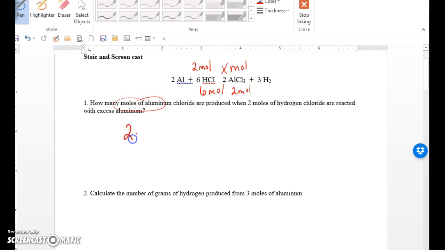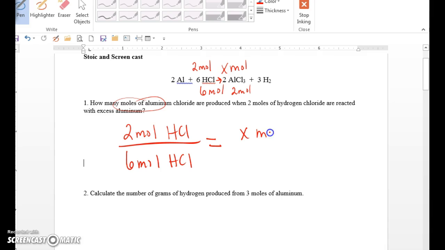So our final setup will look like this. 2 moles of HCl over 6 moles of HCl is equal to, because that's where that would be, X moles of aluminum chloride over 2 moles of aluminum chloride. Because in stoichiometry, everything is related based off of moles.